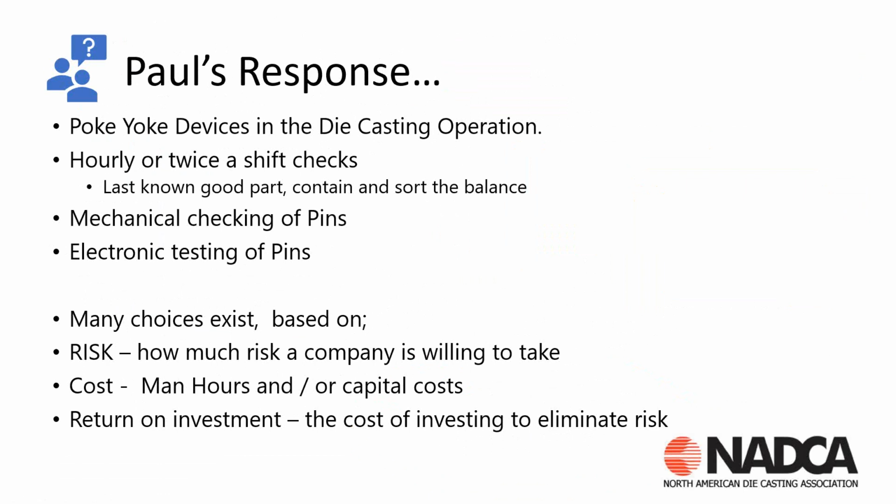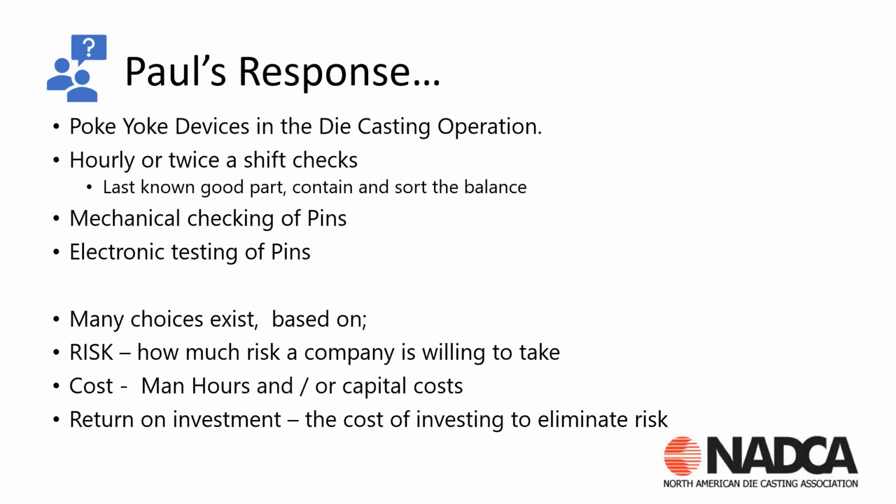So the first thing I want to talk about is we're looking for some sort of poka-yoke device to check that the cores are present and that we don't have any broken cores. So in my past, I have cast parts with very few cores, or have cast parts with upwards of 40 to 50 cores in a single die casting.